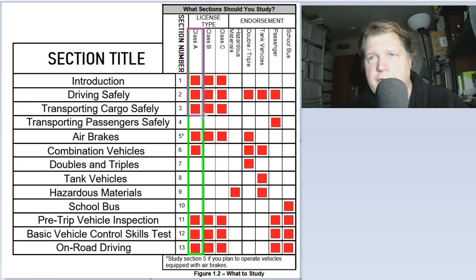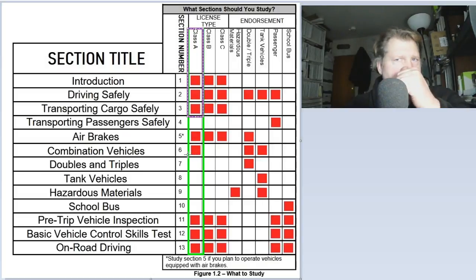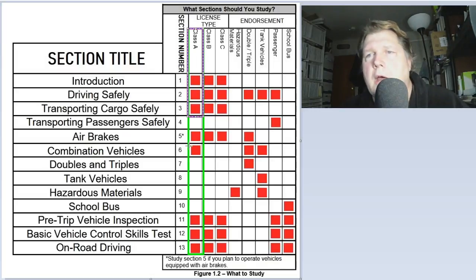Now, I suggest that you study these three here, and additionally, I would study the combination vehicles, because that may be in the general knowledge exam. And since tractor trailers all have air brakes, you might as well study the air brakes too, just so you have some foundational knowledge.